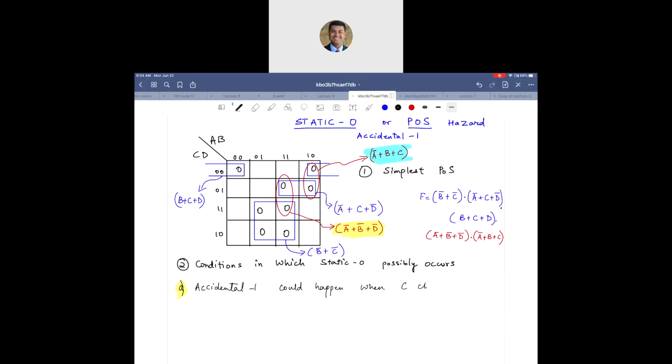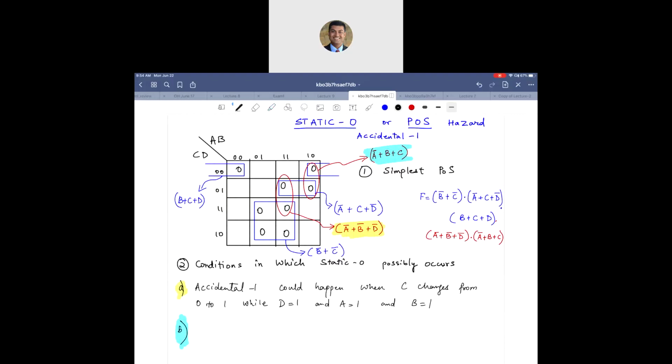C changes from 0 to 1, while D equals 1 and A equals 1 and B equals 1. All right, what is the second condition? B. This needs to be highlighted in blue here to color code them.